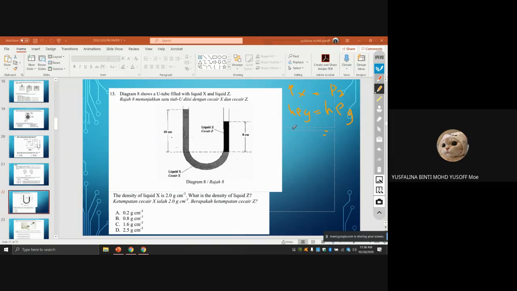So 10 multiplied by 2, times 10. 2 is the density of X already given in the question, and this one is 8, okay, 8 times, we want to find the density here, rho times 10.